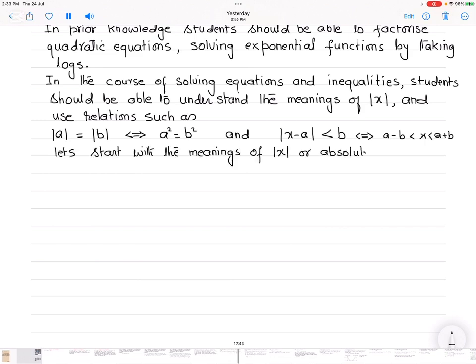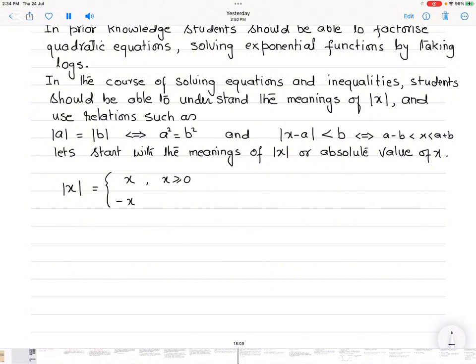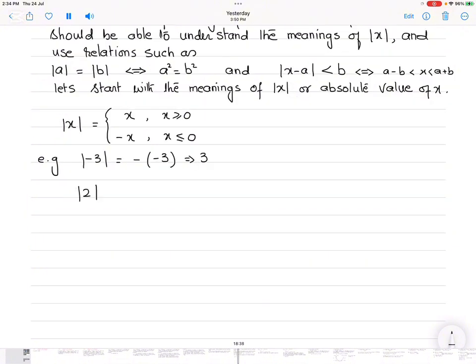Let's start with the meaning of x modulus, or absolute value of x. So the absolute value of x equals x when x is greater than or equal to 0. The absolute value of x equals negative x when x is less than or equal to 0. For example, if I write |-3|, this is minus times minus 3, which is positive 3.